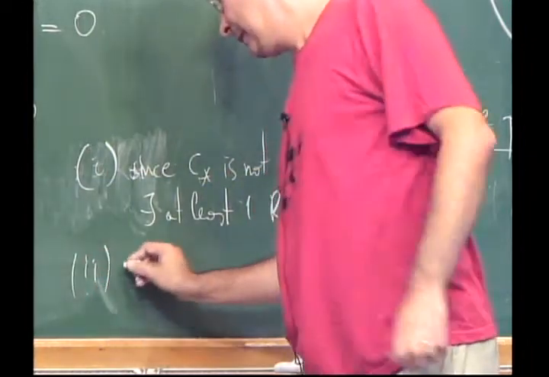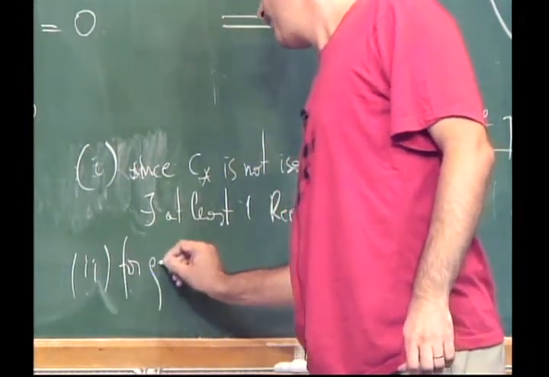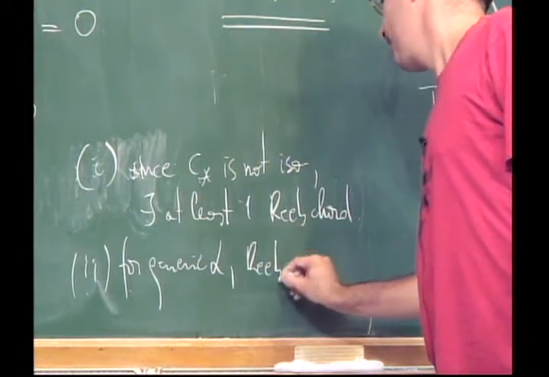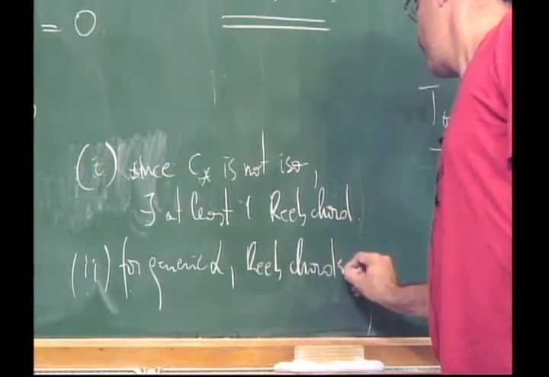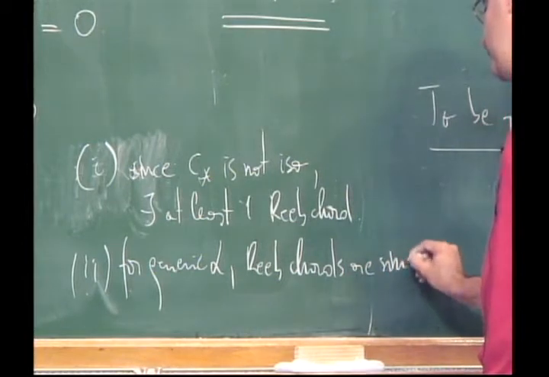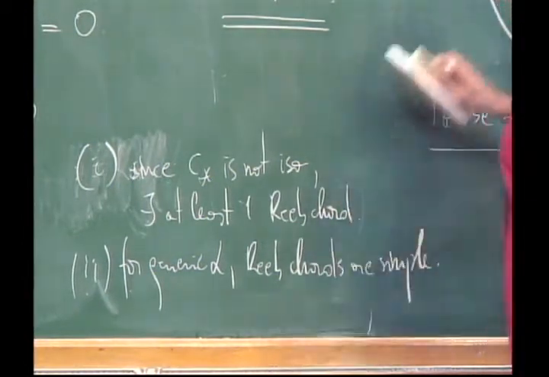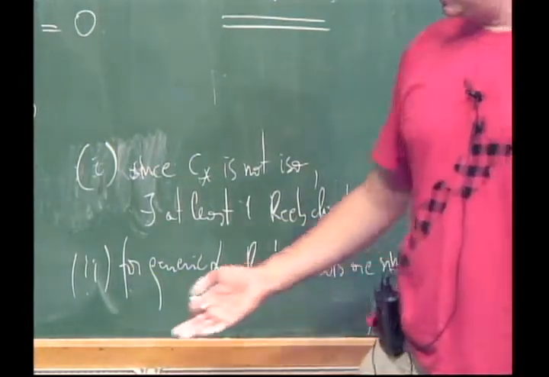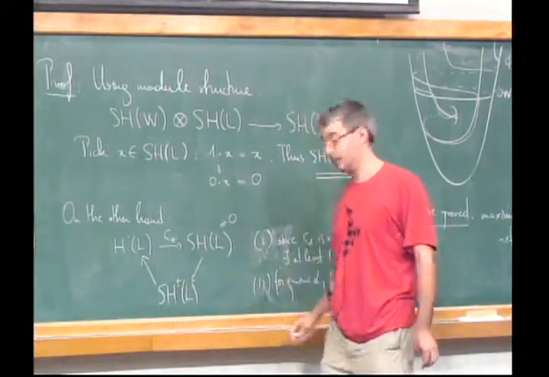Second, for generic alpha, Reeb chords are simple, meaning they're not periodic, and their number is bigger than the rank of this part.